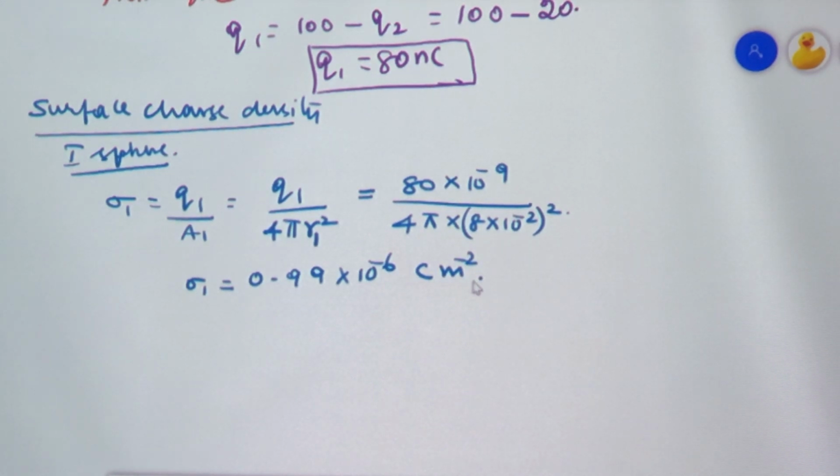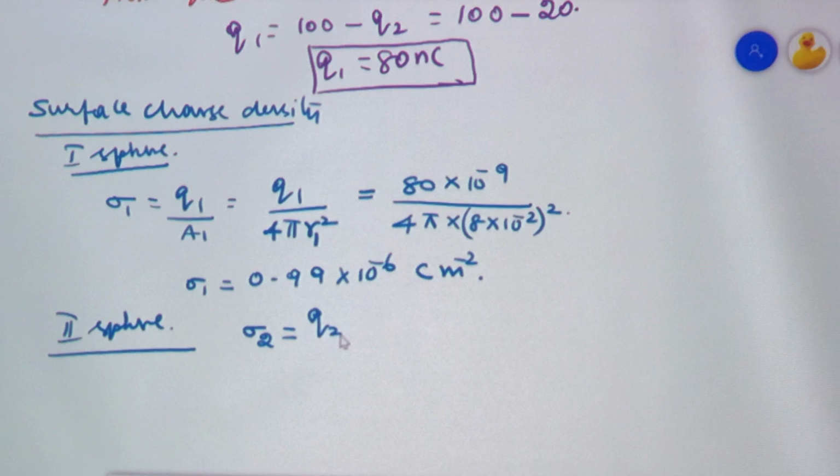Charge per unit area. Similarly, if you take the second sphere, what is the value of sigma 2? Sigma 2 equals Q2 divided by A2.